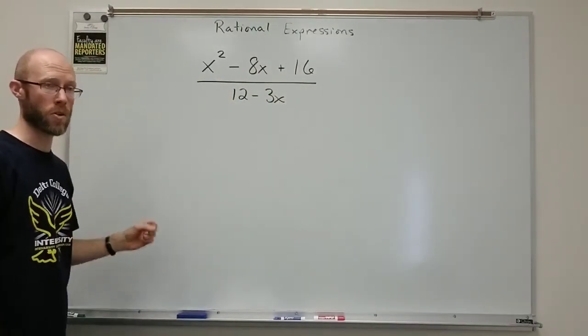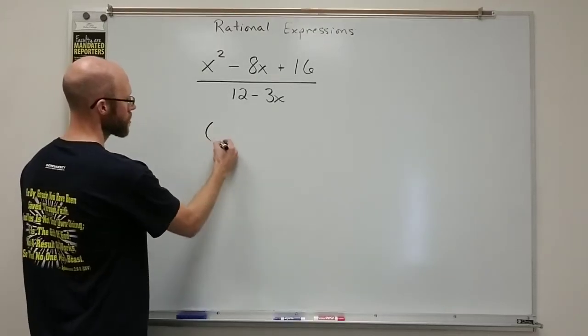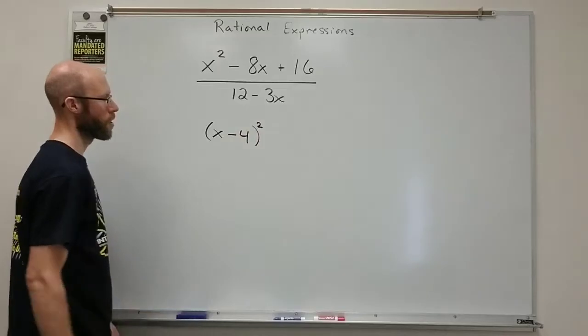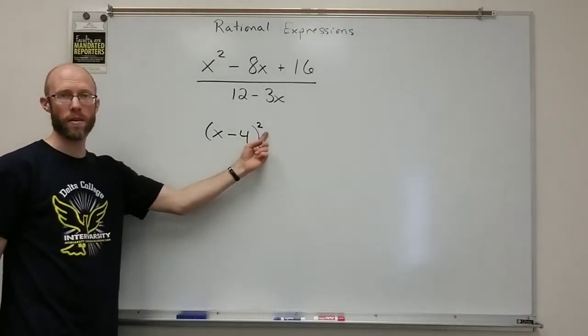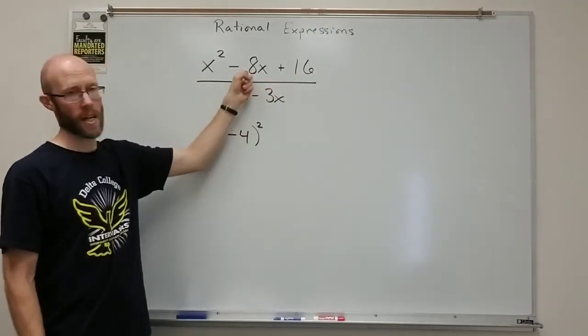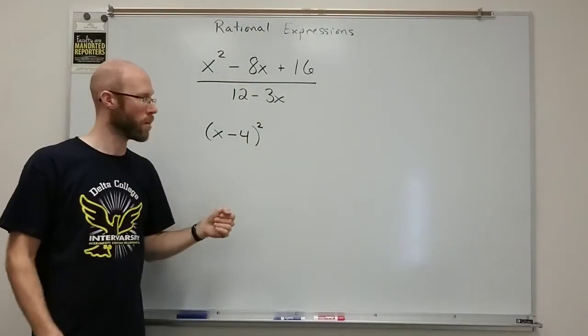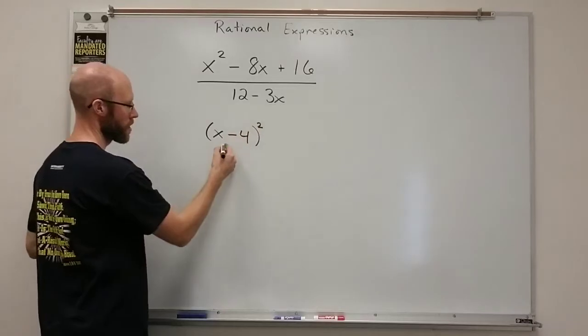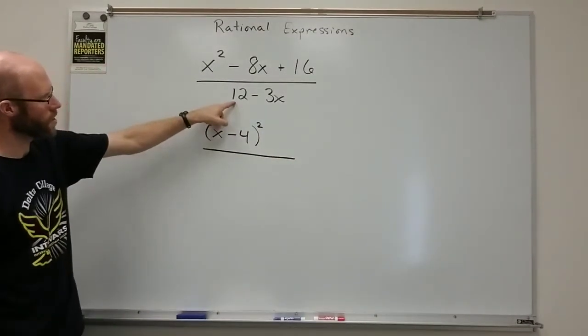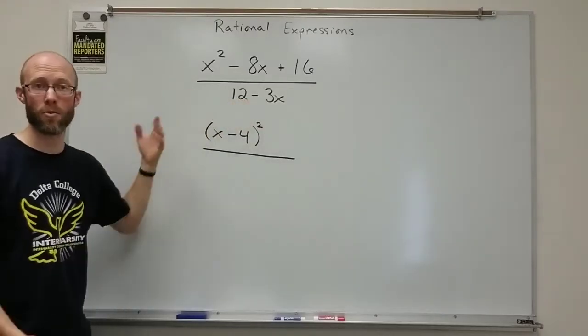So this is a perfect square trinomial, which means the factored form is x minus 4 quantity squared, right? Or x minus 4, x minus 4. Think about factors of 16 that add up to -8: -4, -4. So I put it in the exponent form. Then down here, these have a common factor of 3 I could pull out.